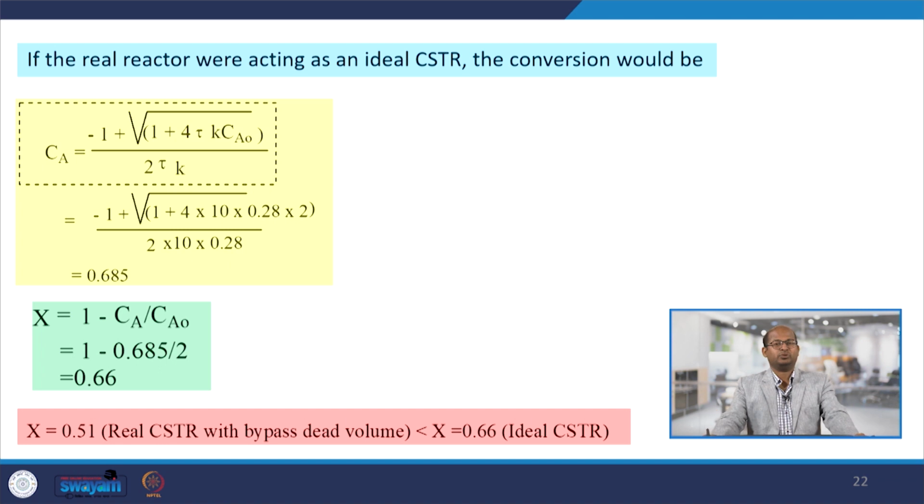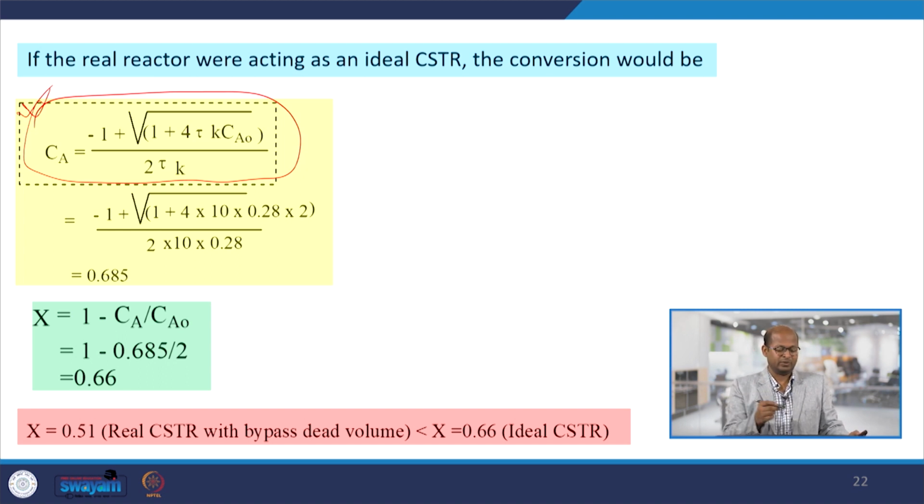So, if we do not do any tracer test, then for real reactors that we have fabricated, if we conduct the reactions and want to find out what the conversion would be, in real reactors we have this type of equations that we developed long back, in the first 3 or 4 classes of the lectures.